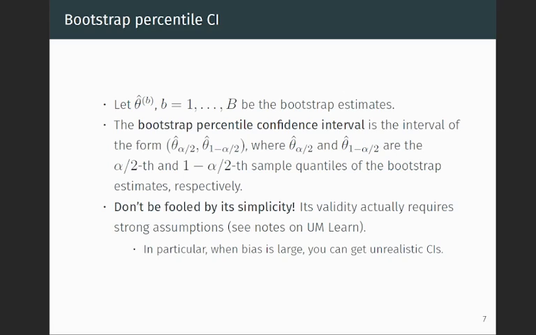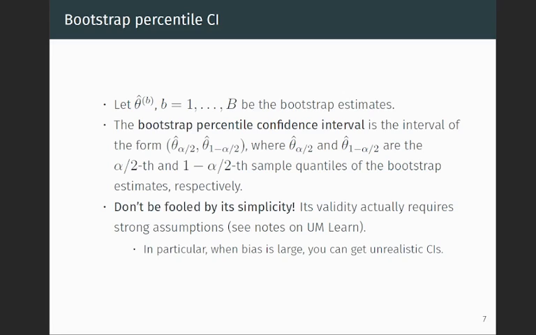Recall what we've been doing is resampling data with replacement and then recomputing the estimates. So we're getting a series of samples from the sampling distribution. Those are what we call the bootstrap estimates. So let theta hat b be those bootstrap estimates.